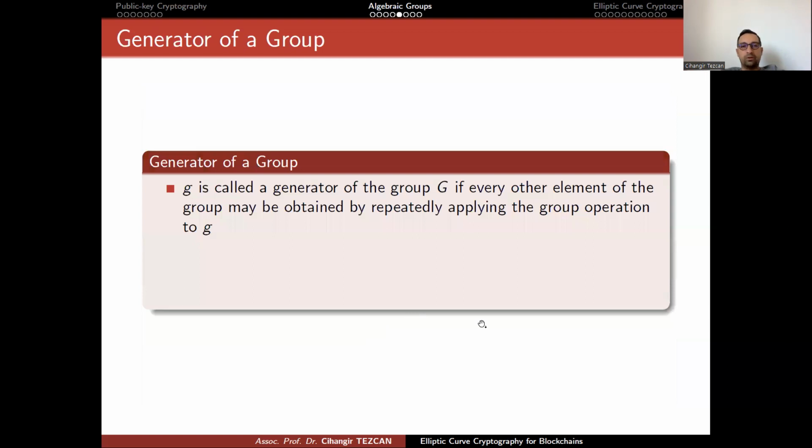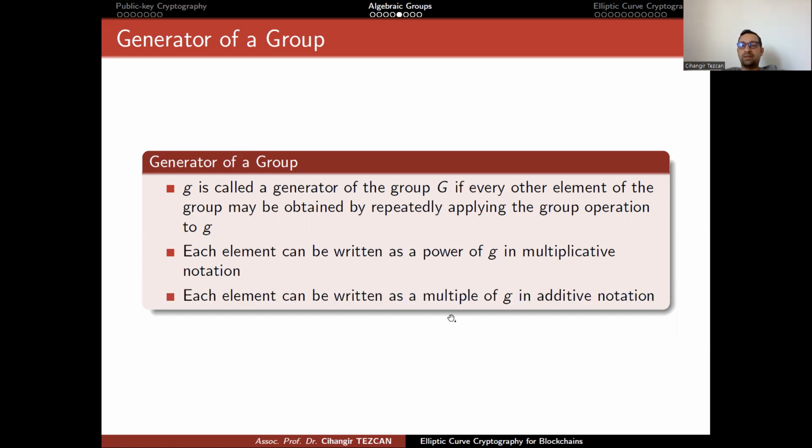Okay. So before moving on to rings and fields, let's talk about the generator of a group. G is called the generator of the group if every other element of the group may be obtained by repeatedly applying the group operation to G. Each element can be written as a power of G in multiplicative notation.